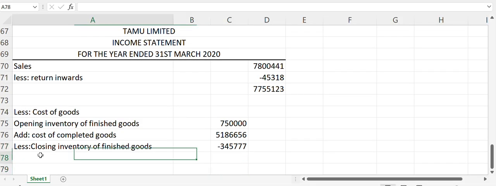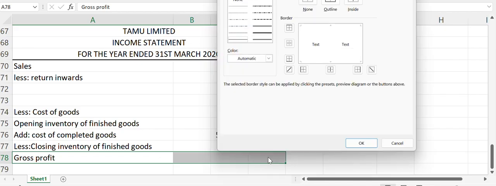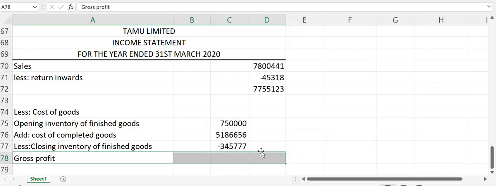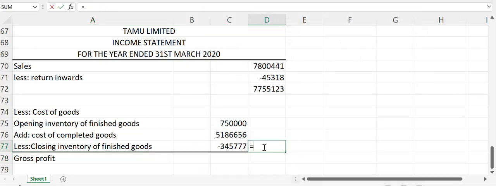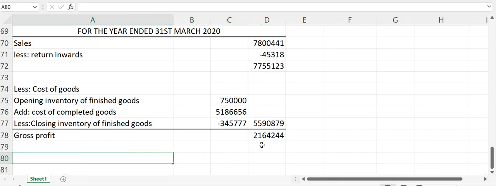So to get the gross profit, so we add that. So gross profit will be that minus that. So that's our gross profit. So we check whether we have other incomes.